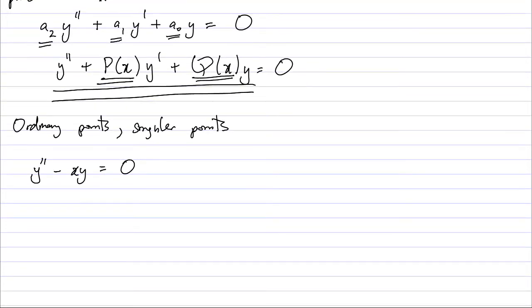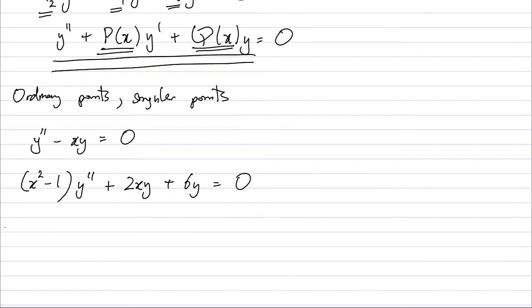On the other hand, given a differential equation such as (x square minus 1) y double prime plus 2x y prime plus 6y is equal to 0, to investigate whether you are dealing with any singular points, you first divide by x square minus 1 throughout to bring this equation to standard form.